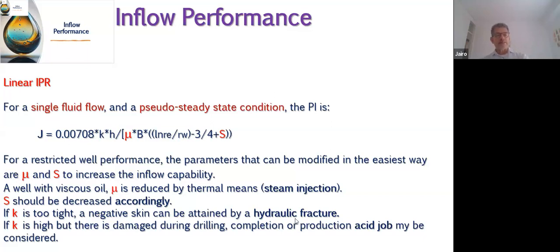So for a restrictive well performance, the parameters that can be modified in the easiest ways are viscosity and skin. Viscosity can be increased by thermal actions. Skin can be decreased by doing some remedial action, provided we define properly what is the cause of the skin.